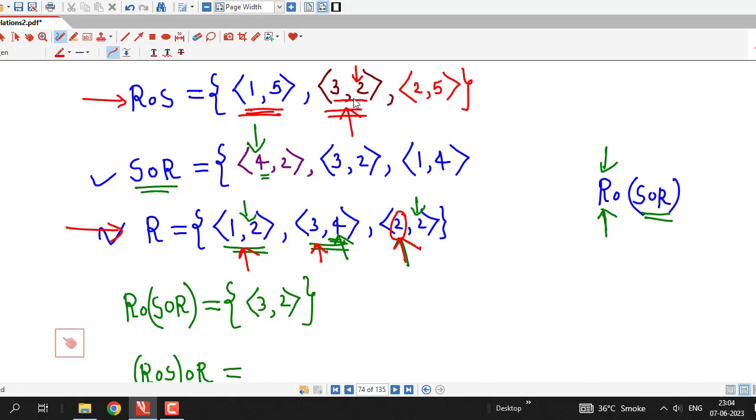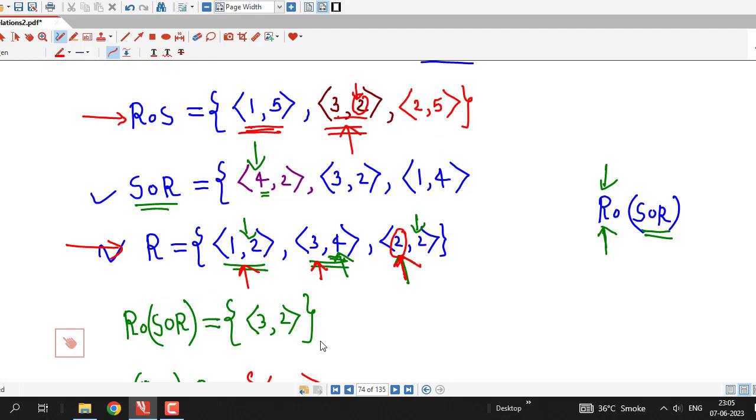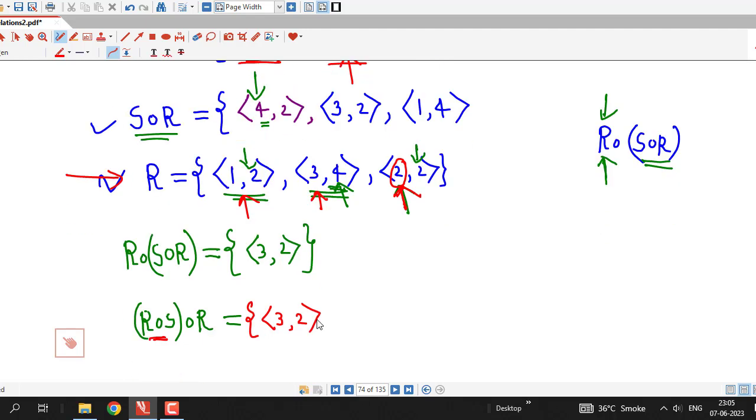So 3 2 belongs to R composite S, 2 2 belongs to R, so we have 3 2 in this relation R composite S composite R. The last one is the ordered pair 2 5. The second component is 5, but there is no ordered pair in R having first component 5. So we are finished. Here also we have only one ordered pair in this composition.